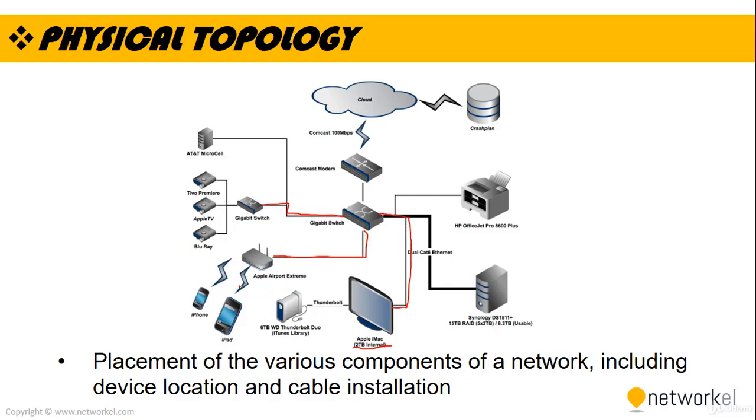We have an iPad which is connected to Apple AirPort Extreme. We have an iPhone also connected to Apple AirPort Extreme, and we have TiVo Premiere which is connected to our gigabit switch. We have a printer here which is connected to the gigabit switch, and so on. That's the physical view of the topology.